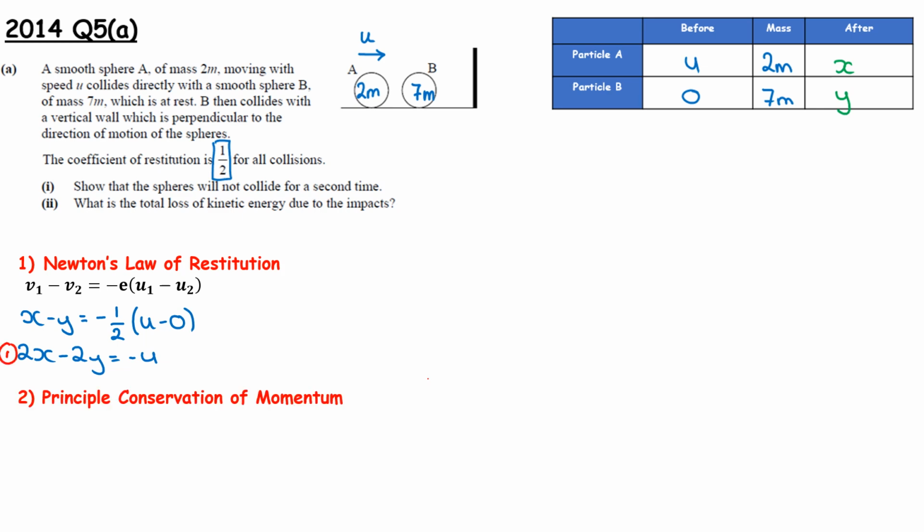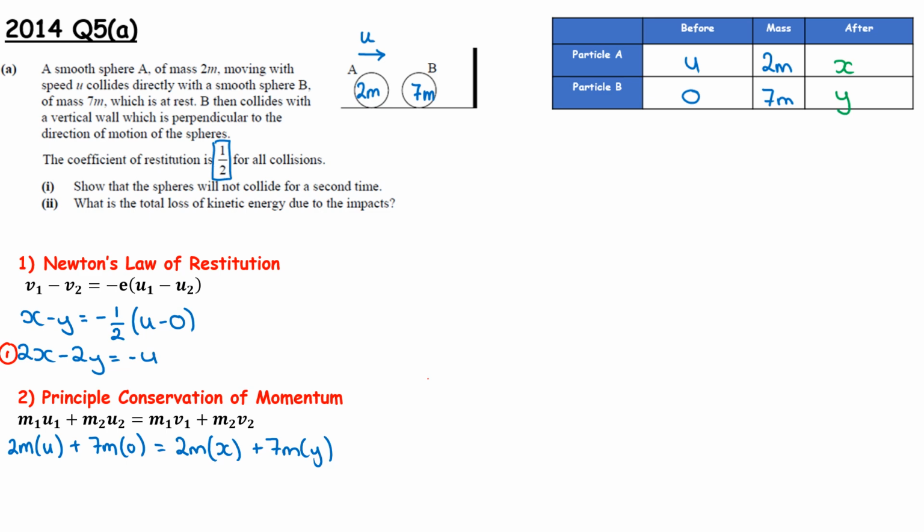Second thing is the principle of conservation of momentum. m1u1 plus m2u2 is equal to m1v1 plus m2v2. So we have, back to my original color, 2m times u plus 7m times 0 is equal to 2m times x plus 7m times y.